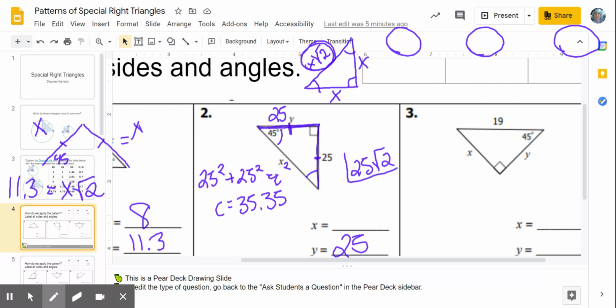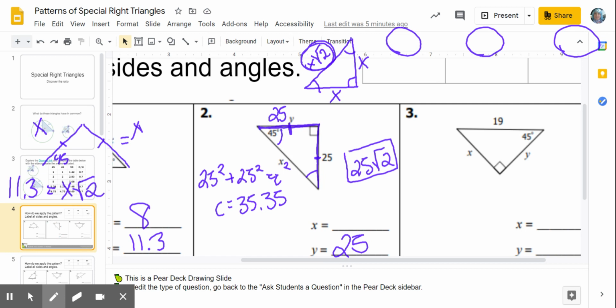Just put this in your calculator: 25 times the square root of 2. You can do it on your phone. Do you have an Android or an Apple? I don't have an Apple, but it should work similarly.